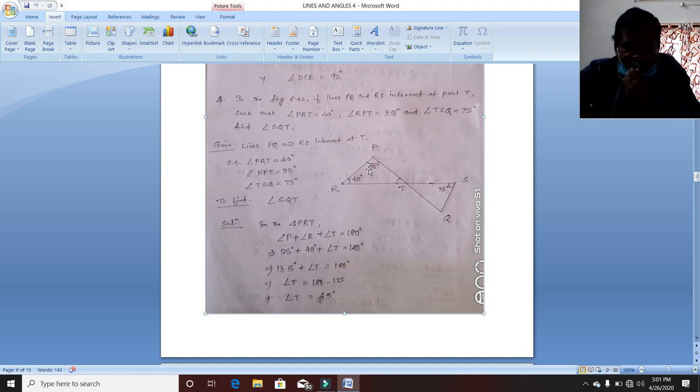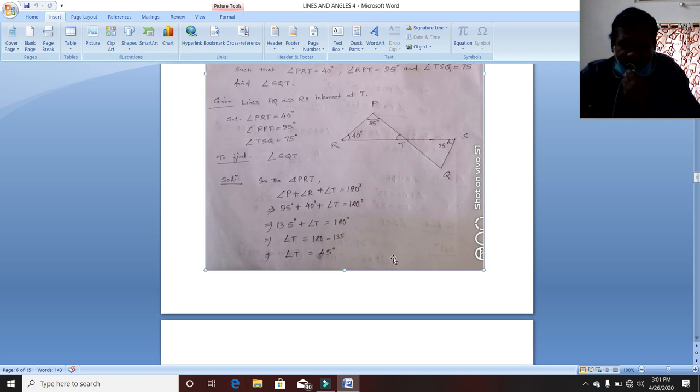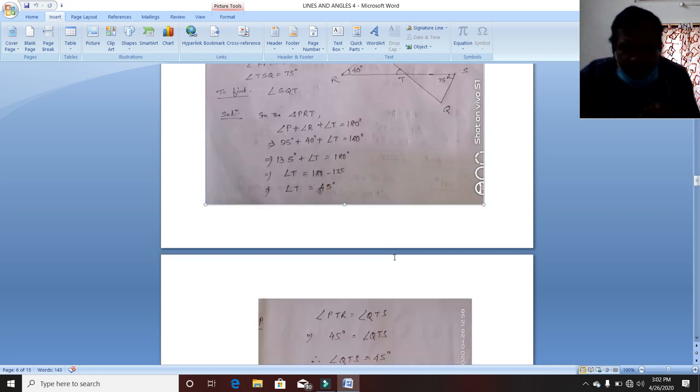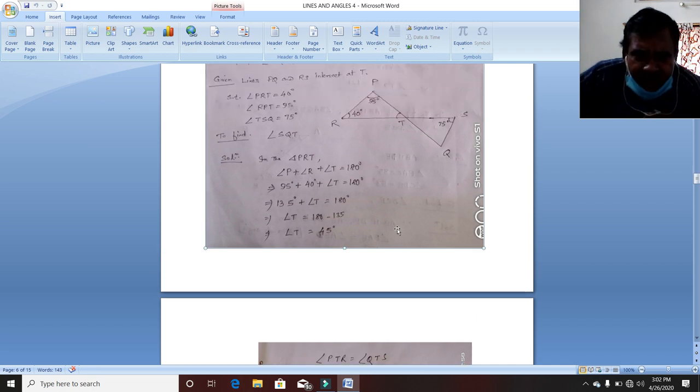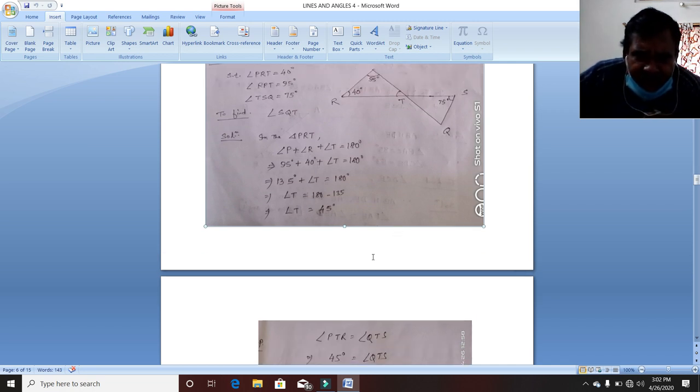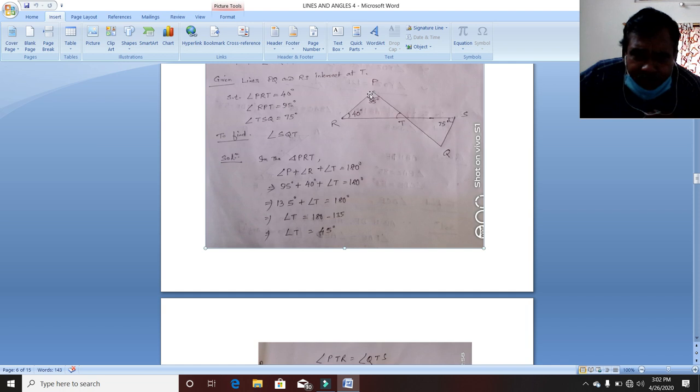Now you see, in the triangle PRT, the sum of three angles is 180 degrees. Angle P plus angle R plus angle T is 180 degrees. These two values are given. This I have written, and from this I calculated the value of angle T as 45 degrees. Now you see, this line and this line are parallel.